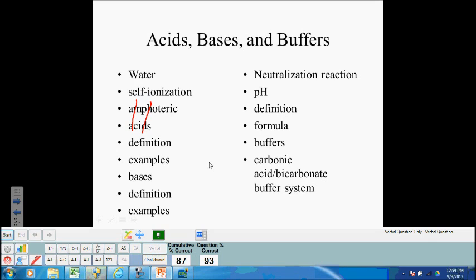Really, really tiny, or really, really big? In this case, we're dealing with really, really tiny numbers. And we'd much rather deal with 7 instead of 10 to the minus 7 power, right? Just makes more sense. But realize the reason we're using logs is because there's not very many H pluses in a solution of water. So instead of dealing with some real tiny number, scientists and mathematicians have invented this logarithmic scale.